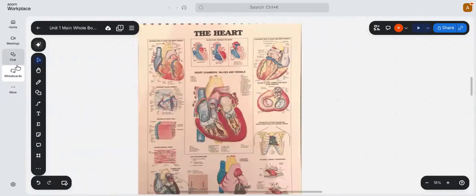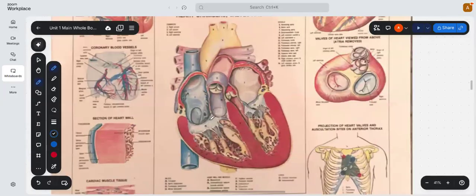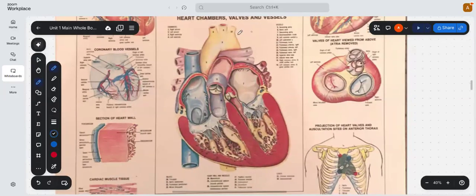So we're mostly just going to be looking at this middle region over here, this middle heart diagram. You can zoom in, this heart right over here. So you just need to know the difference between your atriums and ventricles for this beginning first unit.